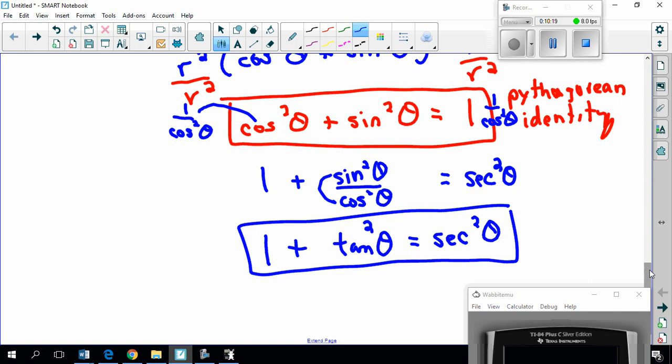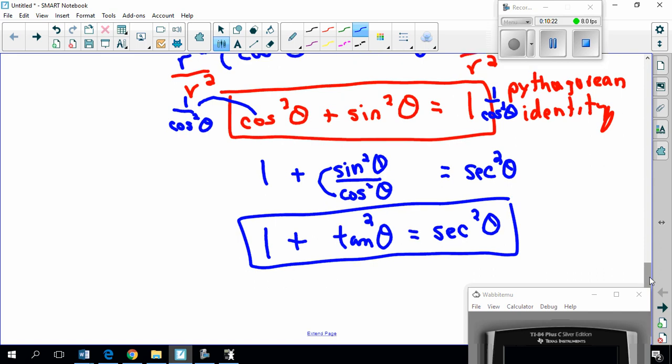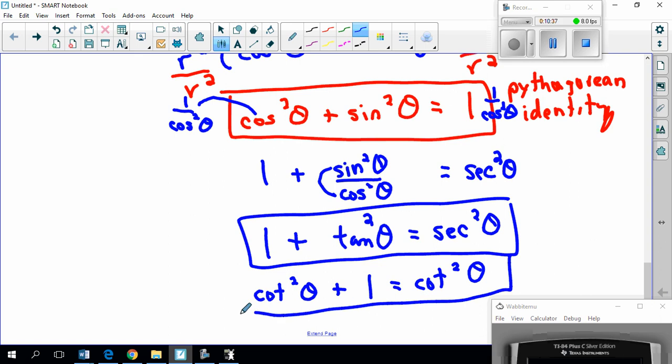And then by a similar trick, I'm not going to do it in front of you, I'm going to multiply both sides by 1 over sine squared, and we're going to get 1 plus cotangent squared theta, giving you the 3 Pythagorean identities. Everybody who leaves this class knows those identities. Everything I have written, like tangent y over x equals sine theta over cosine theta, everybody remembers everything that's on the paper. So get on it, start memorizing it.